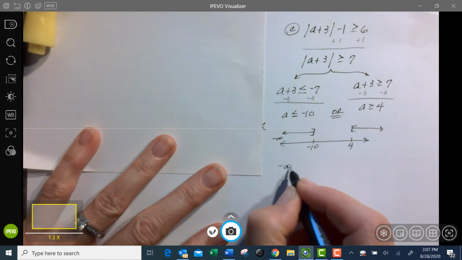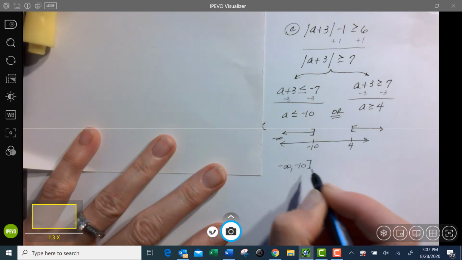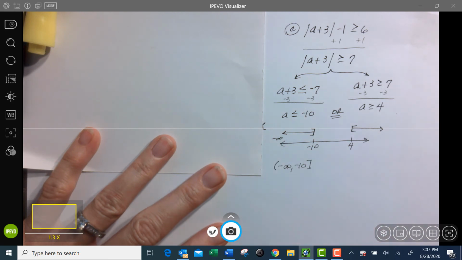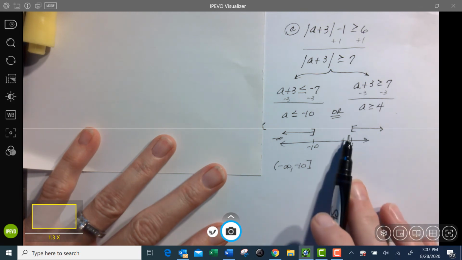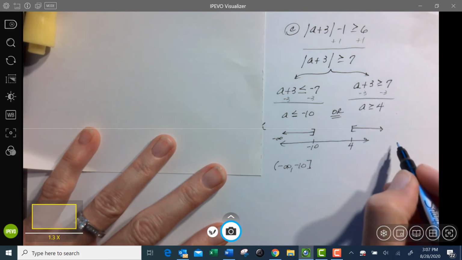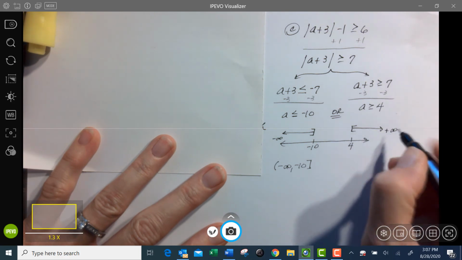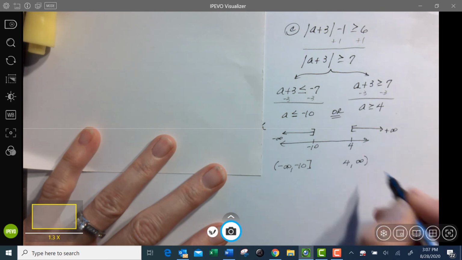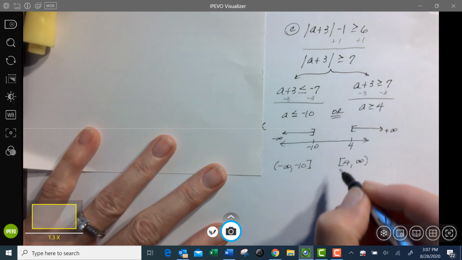Now infinity is really not a number, so we cannot put a closed bracket on it. It's just kind of a region or a direction, so you always put a parenthesis on infinity. The right bar goes from 4 to positive infinity. So I write 4, infinity, and you really don't have to put the plus sign in front of the infinity.